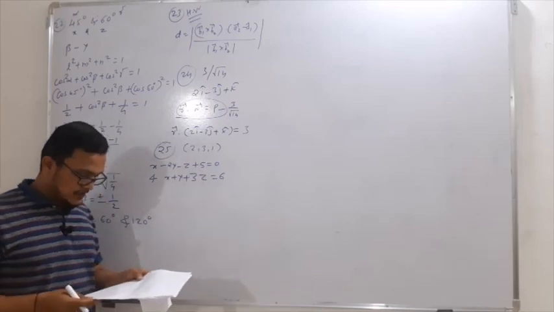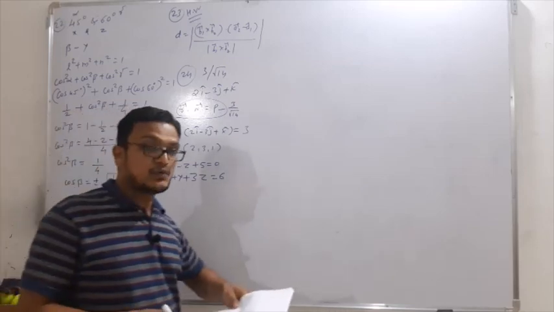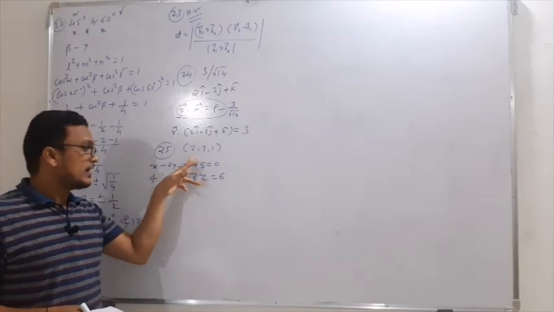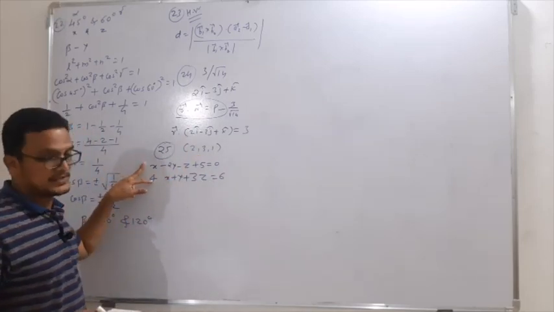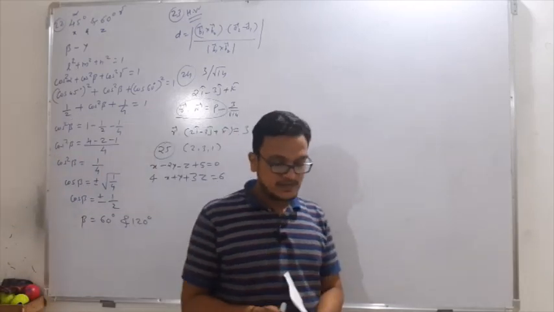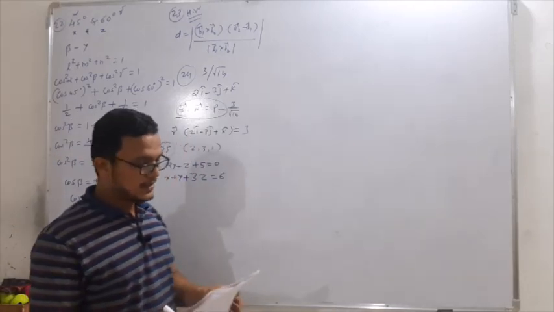So here we have to find out the equation of a line passing through this point and parallel to these two planes. Then how to simplify this particular example.